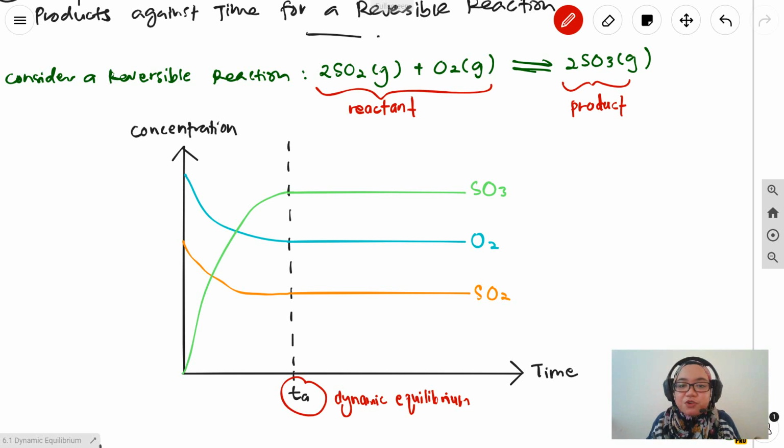The concentration of the product and reactant remain constant not because the reaction has stopped, but because the state of equilibrium has already been achieved by this reversible reaction. So what does it mean by that? It means that the rate of the forward reaction from reactant to product is proceeding at an equal rate with the rate of reverse reaction from product to reactant.